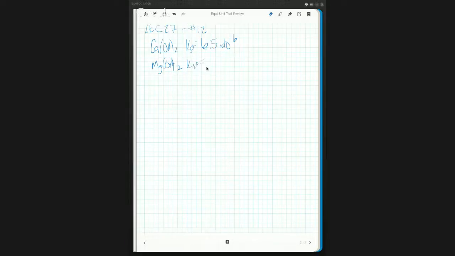And its Ksp is 6.3 times 10 to the negative 10th, it looks like. Okay. And the question is, which is going to precipitate first?